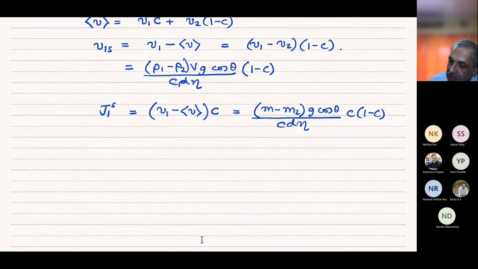But now this is valid for all values of the concentration. Surprising thing is that it's just exactly the same as before. What we got for dilute and for the concentrated case, the expression is exactly the same.